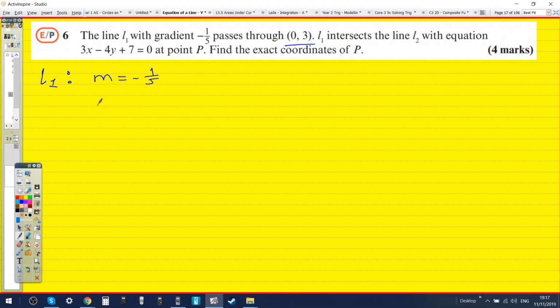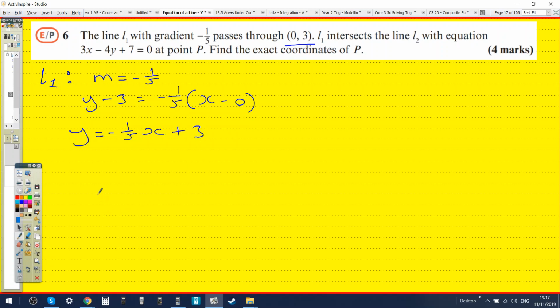The much more common expansion of that would be y minus 3 is equal to minus a fifth times x minus 0. So that was what you'd get if you multiplied both sides by the denominator from your one. And even more common still, y equals mx plus c. Y equals minus a fifth x plus 3.